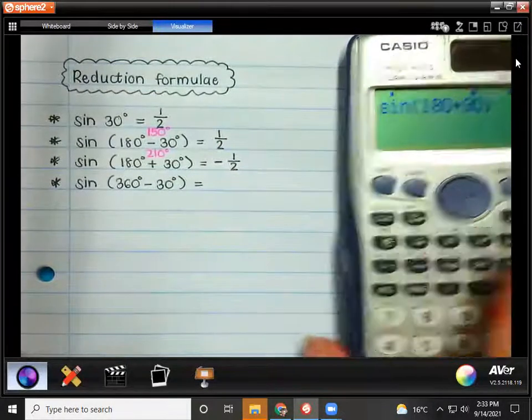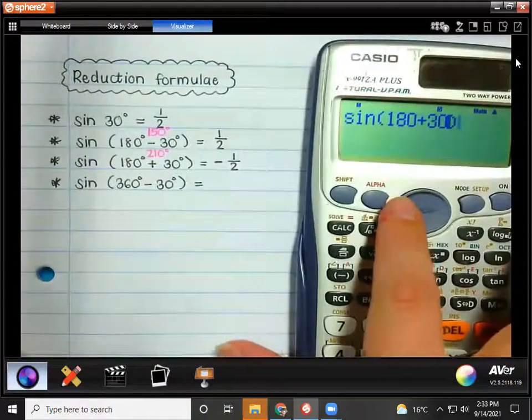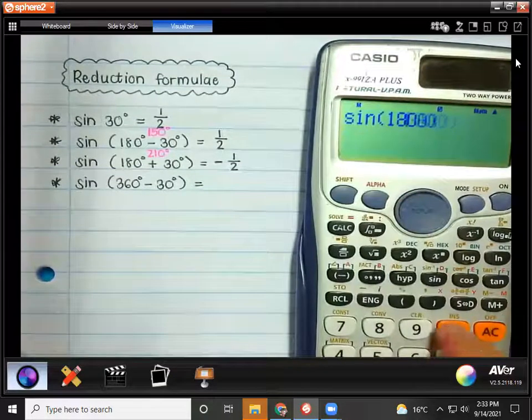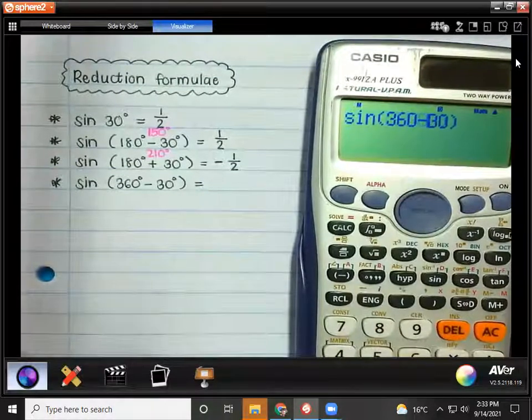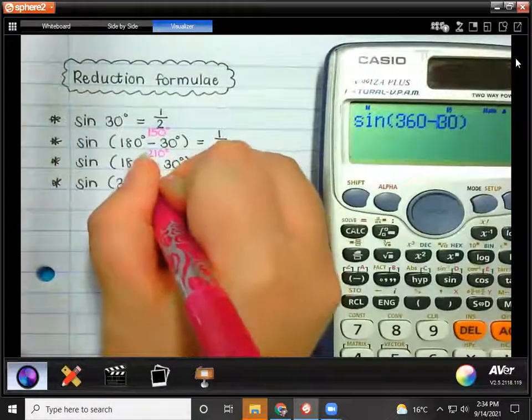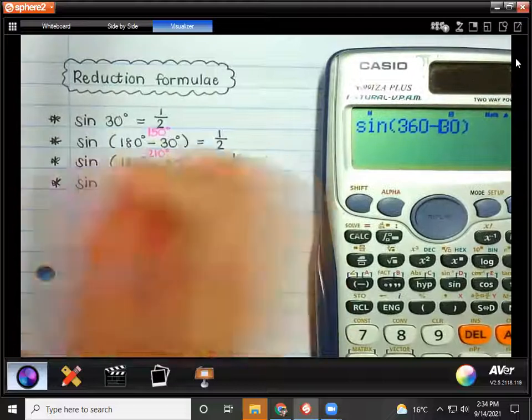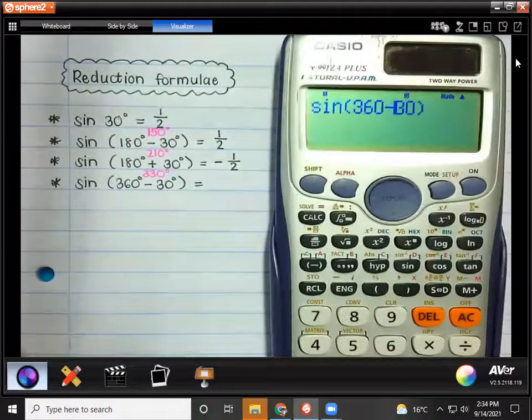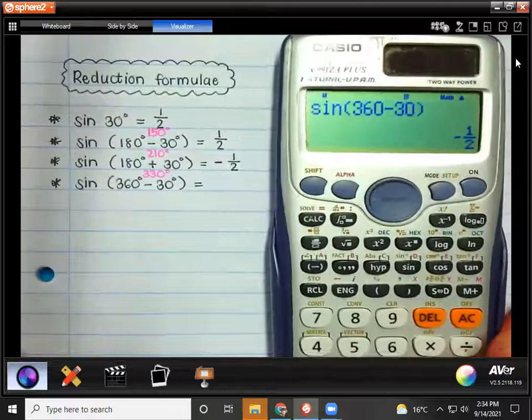That's interesting. We can discuss that now. Then if we're doing sine of 360 minus 30, what is 360 minus 30? 330, so we could have just typed that in as well. If we type that in, we are getting, again, negative a half.